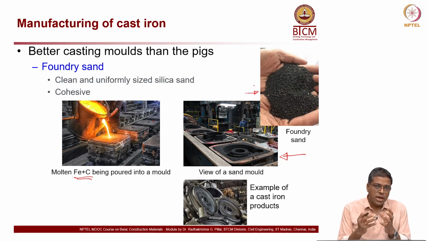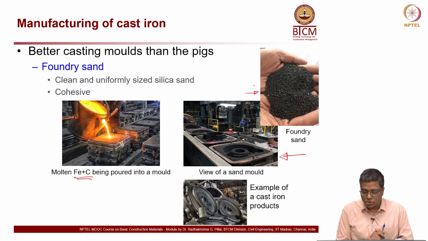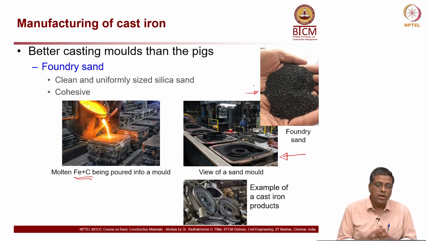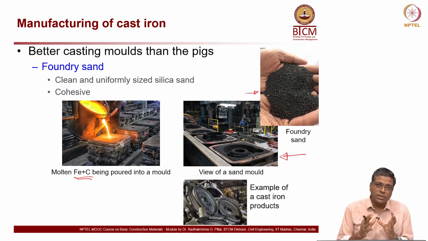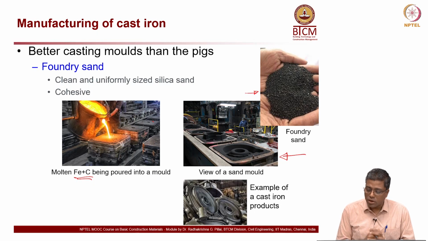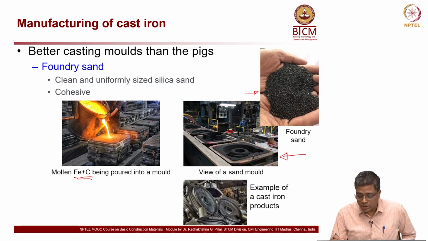In other words, it should hold together and form that shape or complex shape, whatever is required, once it is molded into that shape. It should not just fall off. So, you need very high cohesiveness also. Okay. So, mechanical interlock plus cohesiveness plays a role, and then it just holds things in place.